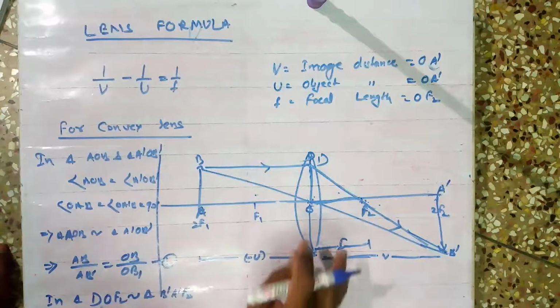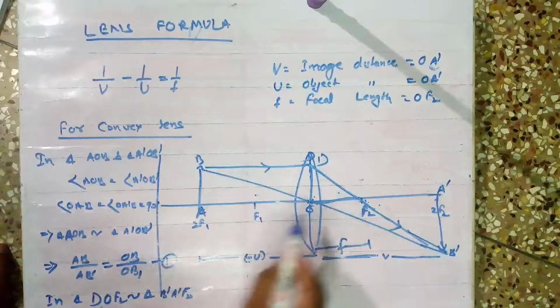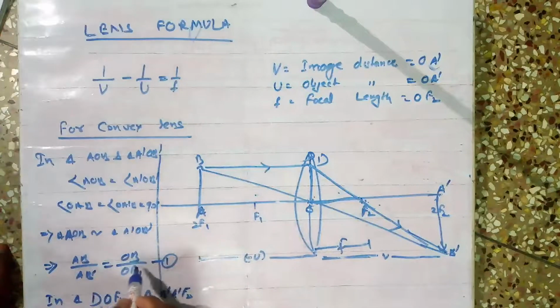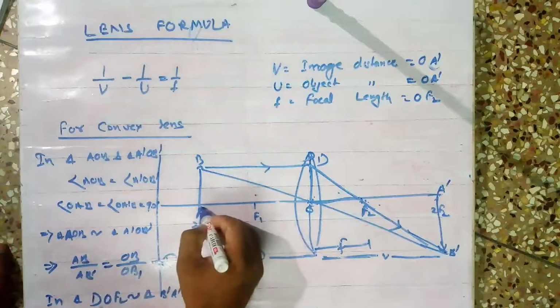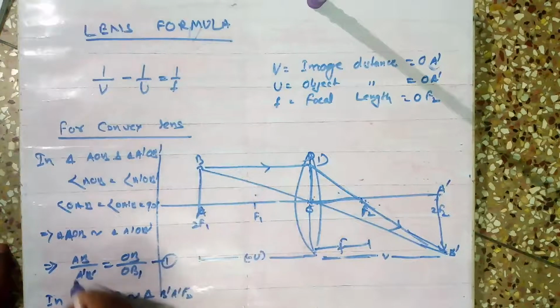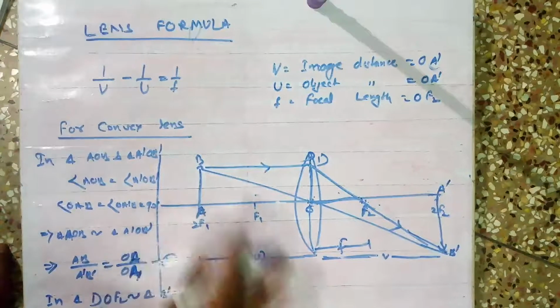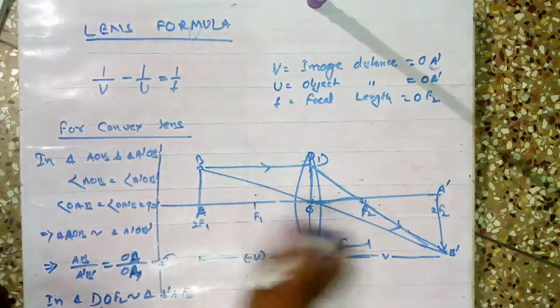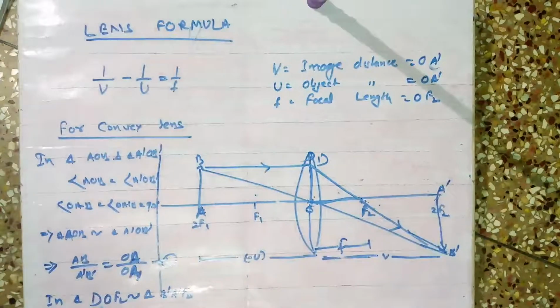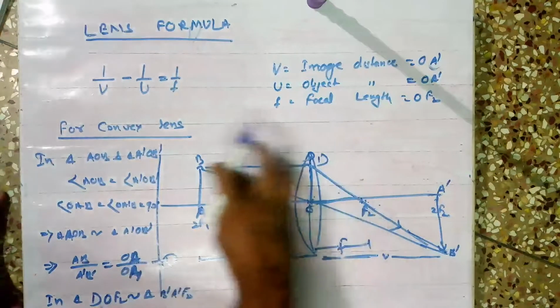Here I'll just correct it. The previous one is also correct, but AB by A prime B prime is equal to OA by OA prime is what is required, because OB, the hypotenuse, is not required. You can write all three ratios equal, but that is not required for us. Okay. So now this OD is equal to AB or not?